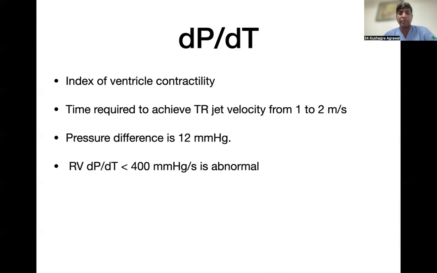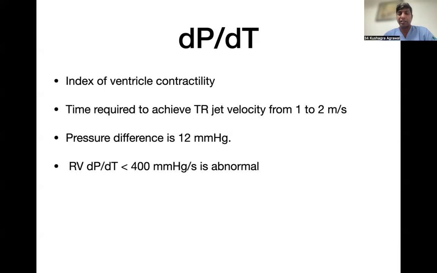We measure the time required for the TR jet velocity to go from 1 meter per second to 2 meters per second. During this period, the pressure difference between 1 meter per second and 2 meters per second is around 12 millimeter of mercury. So normally, this ratio is more than 400 millimeter of mercury per second.